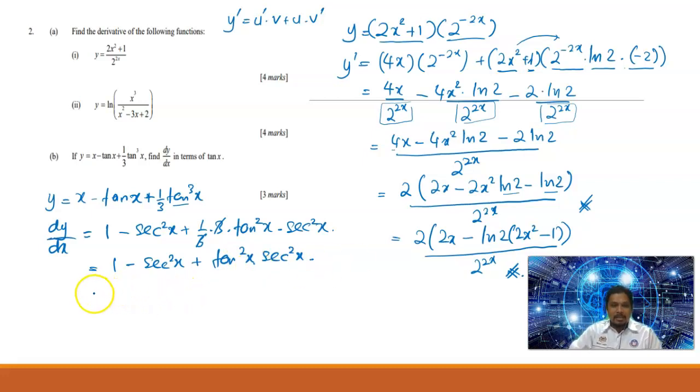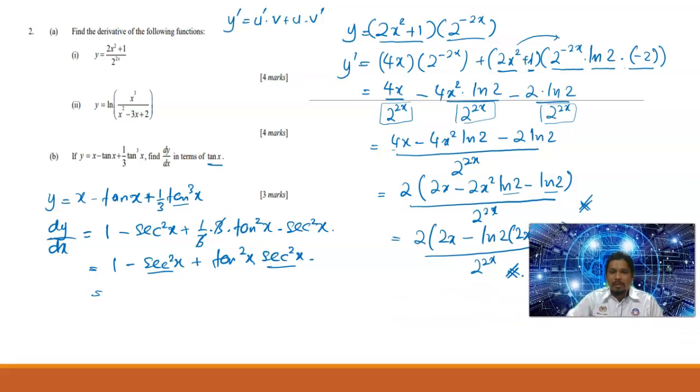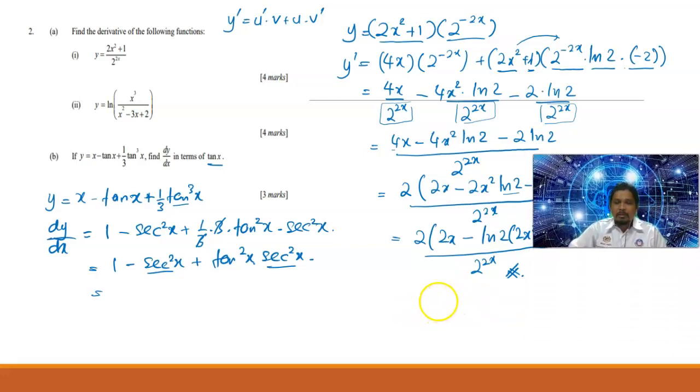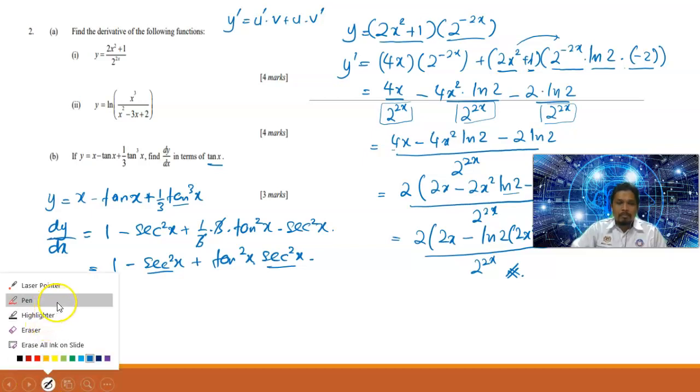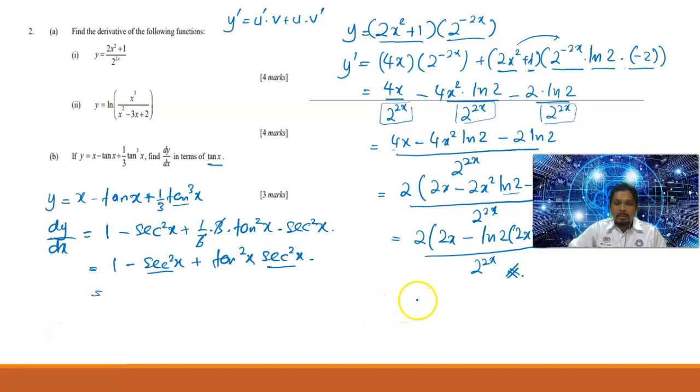Now in terms of tangent x, meaning that we don't want to see any secant x left. So do you still remember the trigonometric identities? For example, sine square x plus cos square x equal to 1.